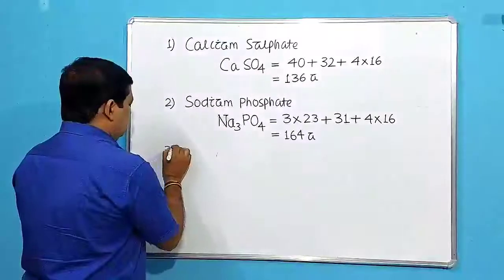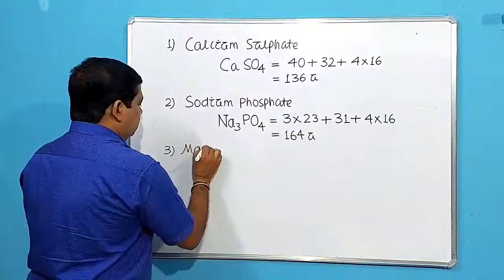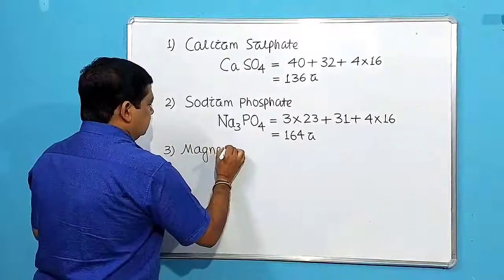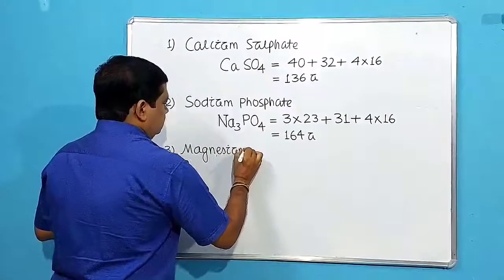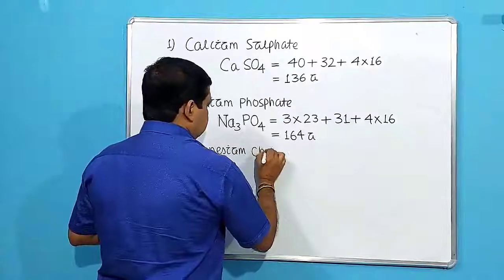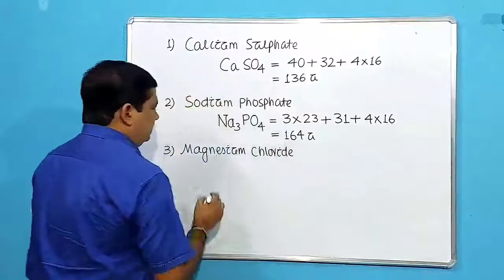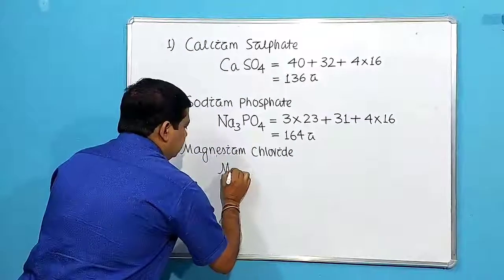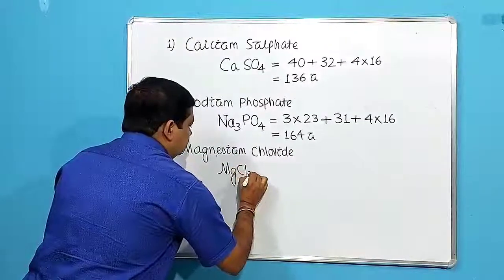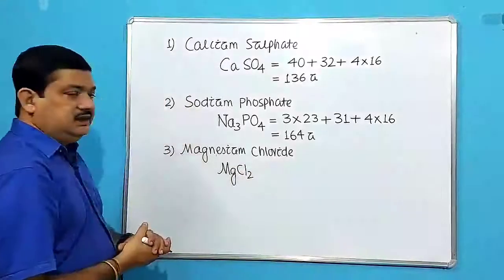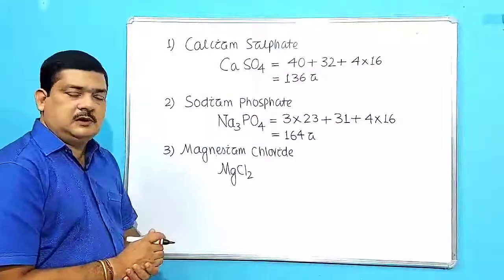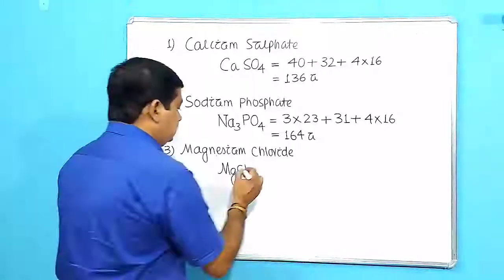Then I gave you magnesium chloride. Formula will be MgCl2, because valency of magnesium is 2, chlorine has the valency 1. So it will be MgCl2.